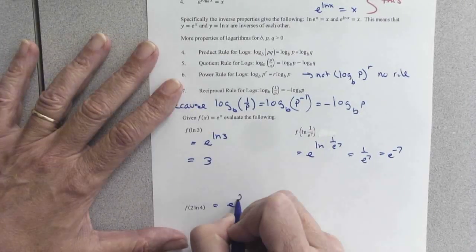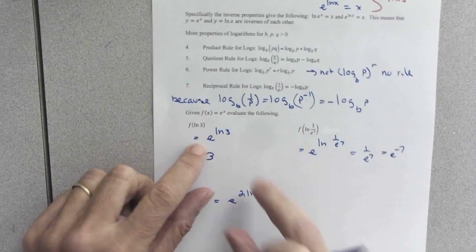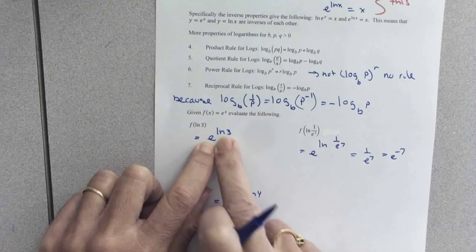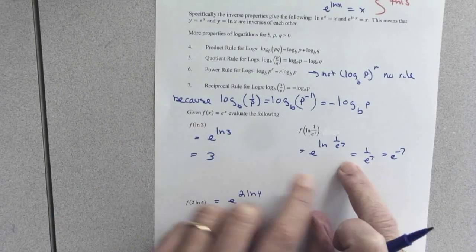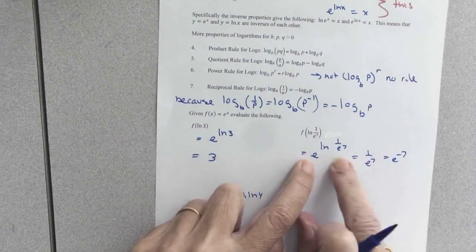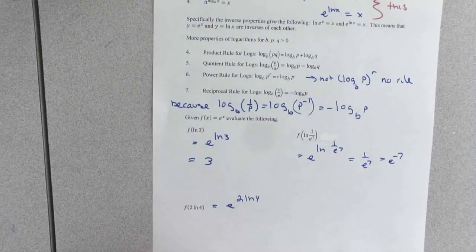It's almost the same idea. Each one of these where we quote-unquote canceled, we're not really canceling, we're just using the property that e's and natural logs are inverses. But notice the e and the natural log were touching. In that case, I just get the argument of the natural log.